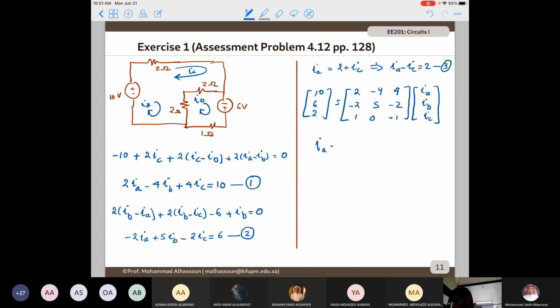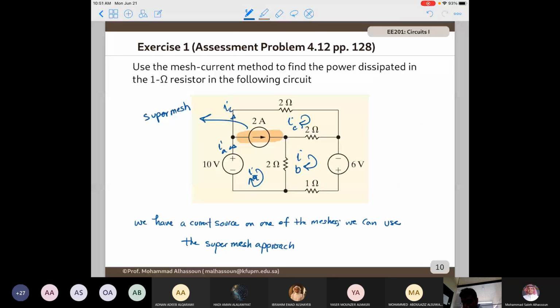So IA will be 7 ampere, IB will be 6 ampere, IC will be 5 ampere. But remember, this is not what we are asked about. We are asked to use the mesh current method to find the power dissipated in the 1 ohm resistor. So this is the 1 ohm resistor.